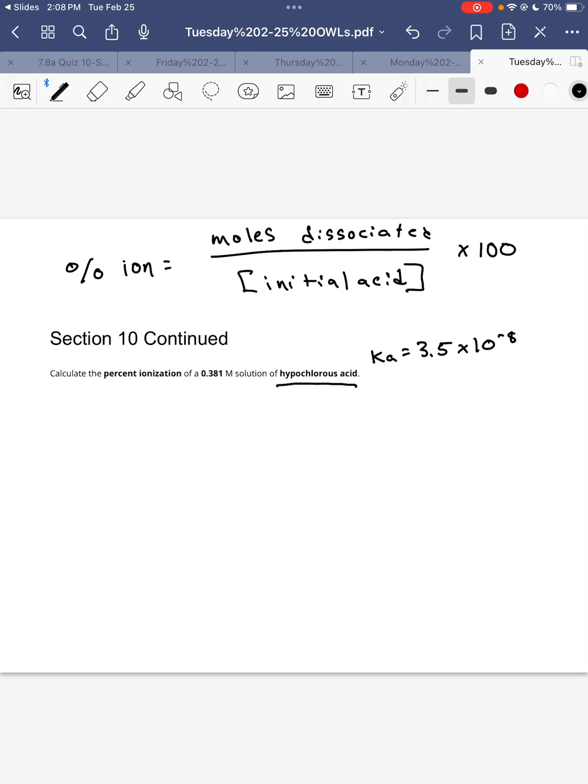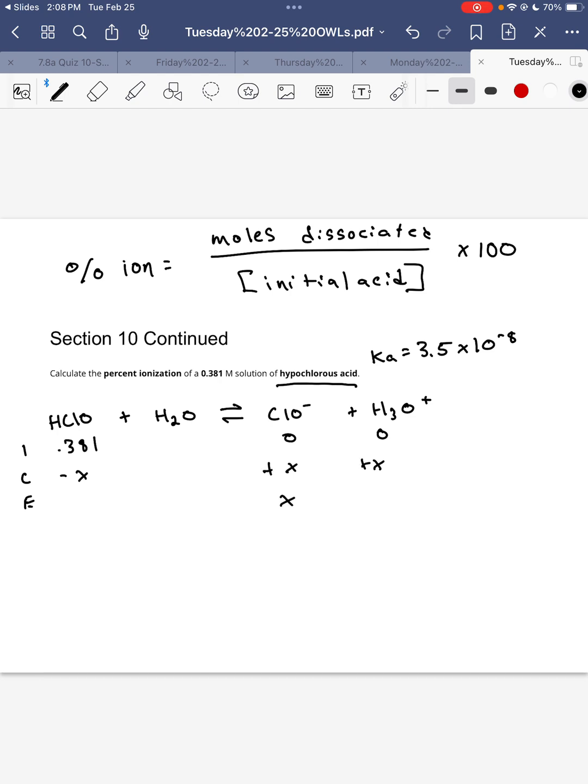We're going to first write what's probably a good place to always start, a dissociation equation. We make our ice chart. We have our initial concentrations at 0.381, 0, and 0. We know that we'll minus x, plus x, plus x.